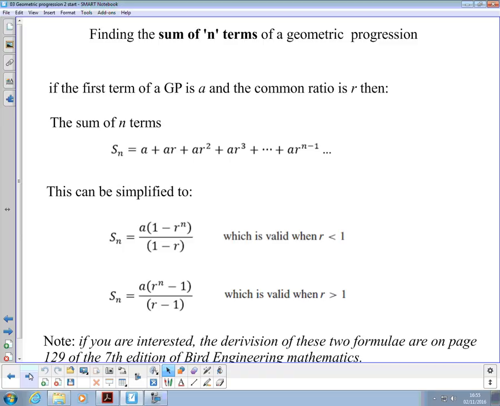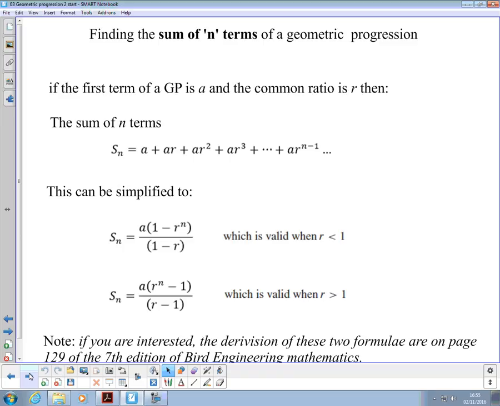So, moving on from that, we need to consider how we find the sum of n terms of a geometric progression. If the first term of the GP is A and the common ratio is R, the sum of the terms can be found by adding them all together.